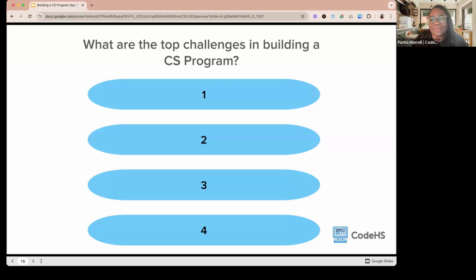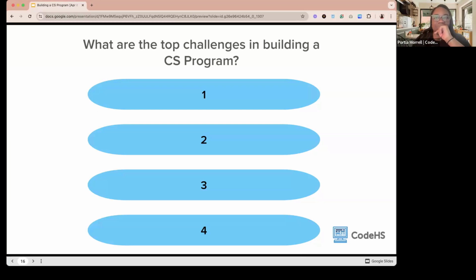What are the top challenges in building a CS program? Finding teachers, that one's tough. Any other thoughts? Choosing curricula. Yeah. Finding teachers, space, and schedules.